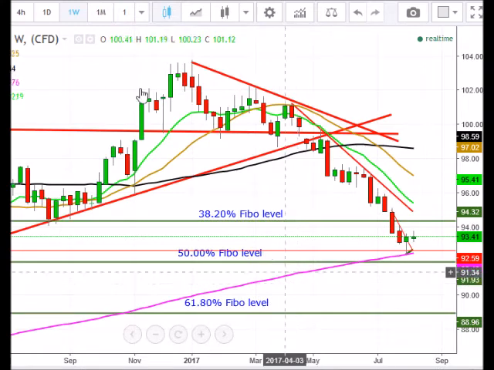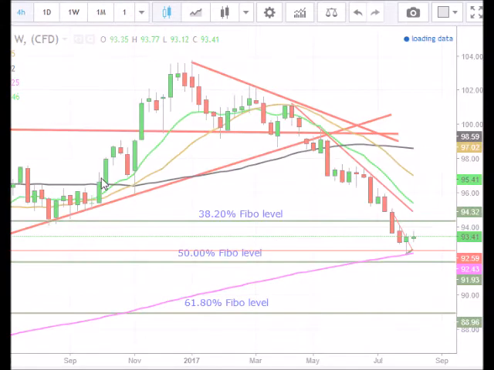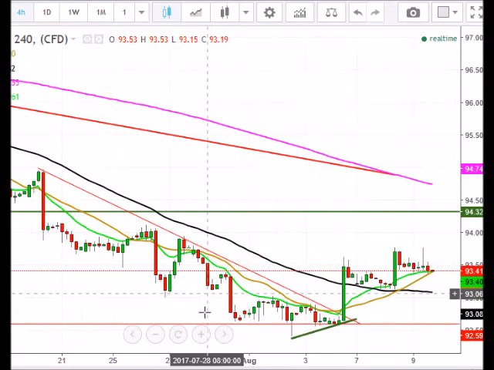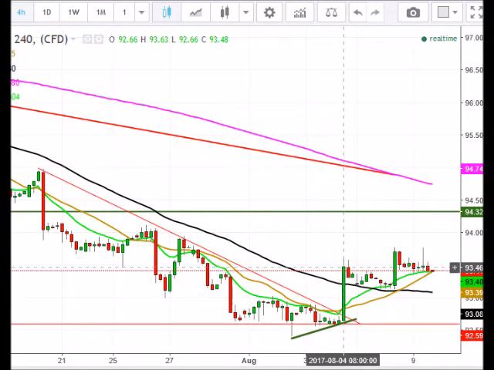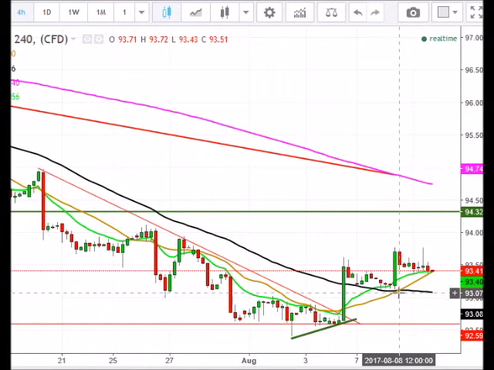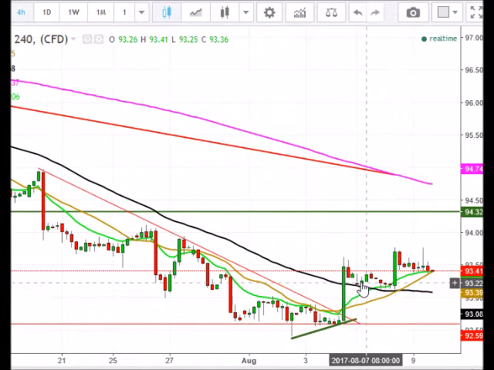So this is the weekly time frame, and I'll drop back down to the 4-hour time frame like I did in my last video, just to show you where we've come from. So again, US dollar maintained support here, broke upwards, and we have been, like I said in my last video, consolidating above this 50 period simple moving average.